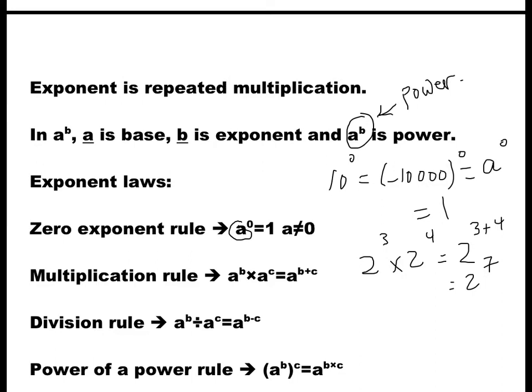So if I give you 3 exponent 4 divided by 3 exponent 2, the bases are the same, which is 3, so I subtract the exponents, 4 minus 2, which is 3 exponent 2. So multiplication, you add; division, you subtract.